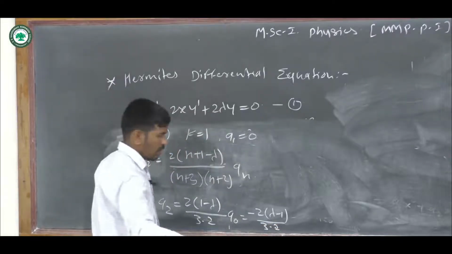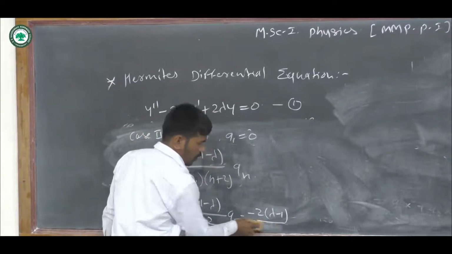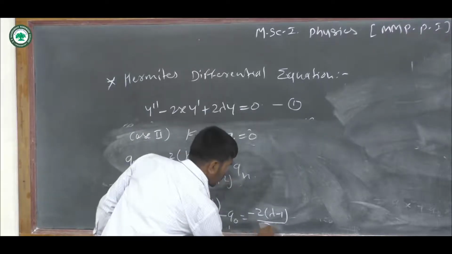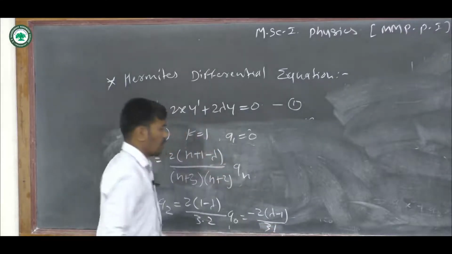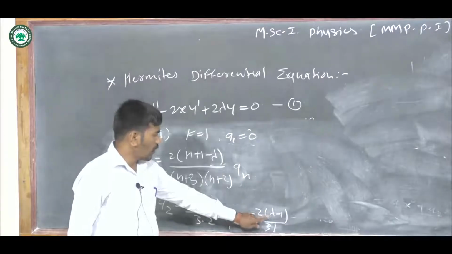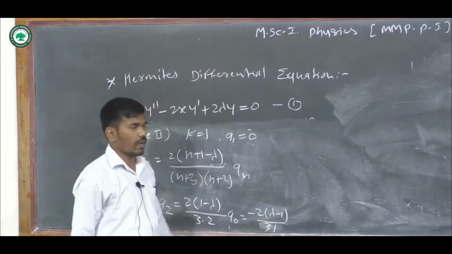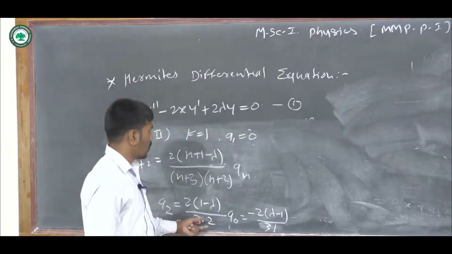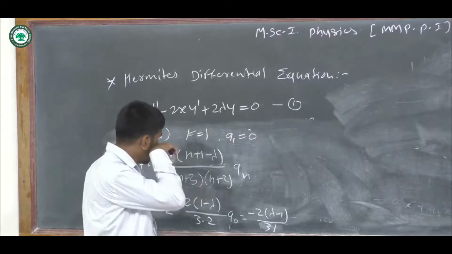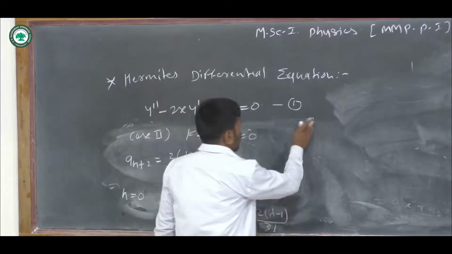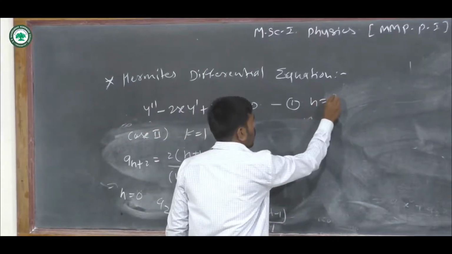or this is 3 factorial. So minus 2 into (lambda minus 1) divided by 3 factorial, a0. 3 into 2 is equal to 6, so you can write it as 3 factorial. Now n is equal to 2.